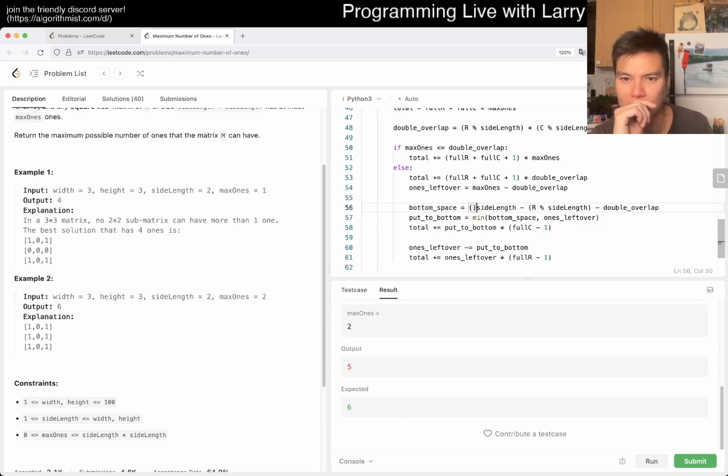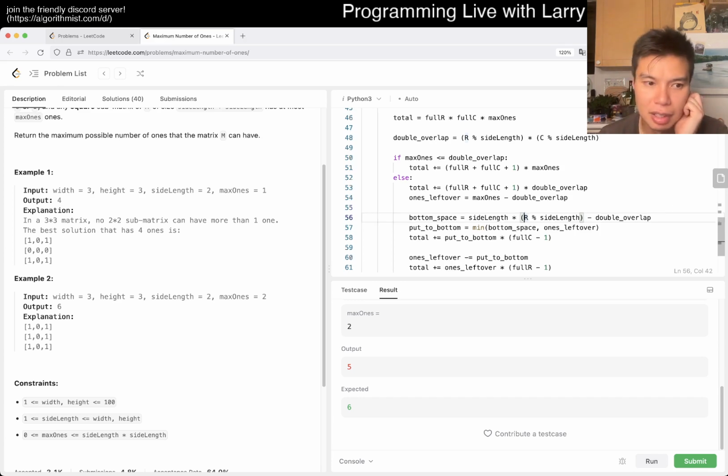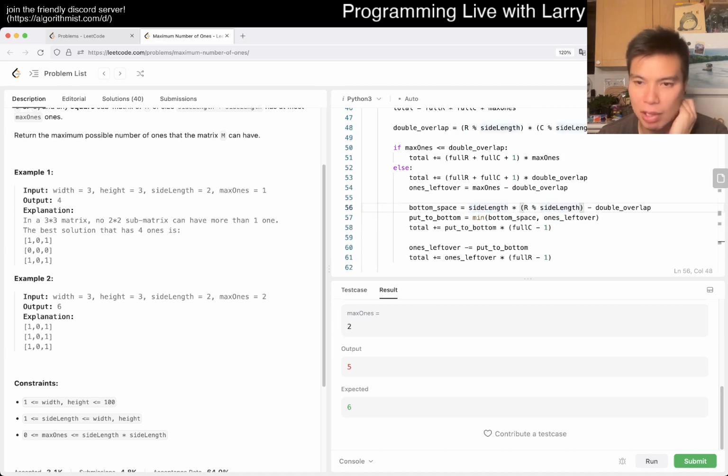Oh, wait, no, I was thinking of something else. This is where I had before. Okay. So, the number of bottom spaces. So, this is one the side and this is the other side, right? So, R mod side length. The number of rows is, I mean, this is going to be 1. As always is 1. And then the side length is 2, so this is 2 by 1, which is true.